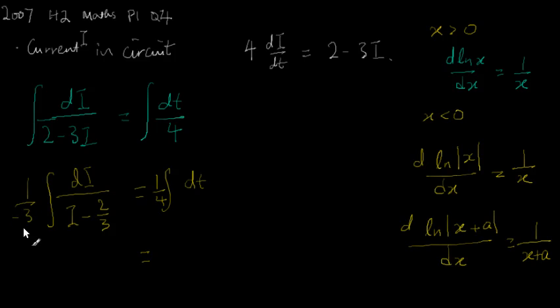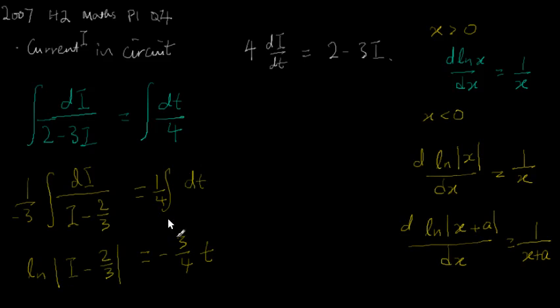Let me bring the minus 3 over to the right. That gives minus 3/4. Okay, and if I now integrate this using this formula, I would get log of the modulus of I minus 2/3. Integrate dt, I'll get t.